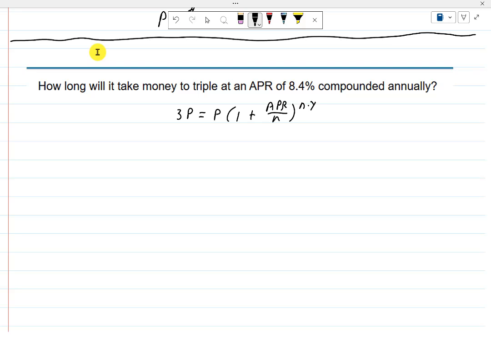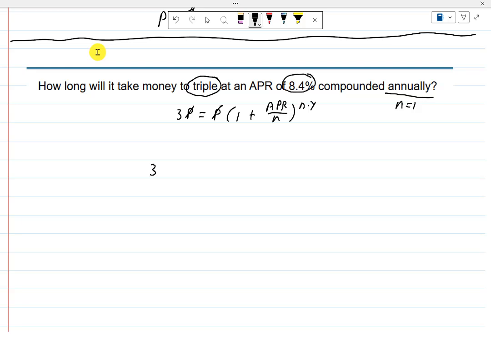We want the original amount that we put in to triple, so I'm going to divide by P. Now, I'll put in the numbers that we know. Compounded annually means that N equals 1. And the triple, I've got that 3 on the left-hand side, and there's my APR right there.